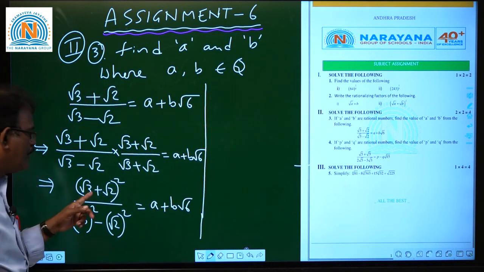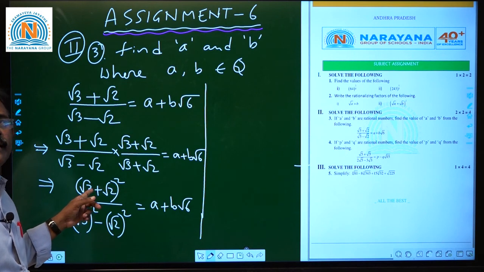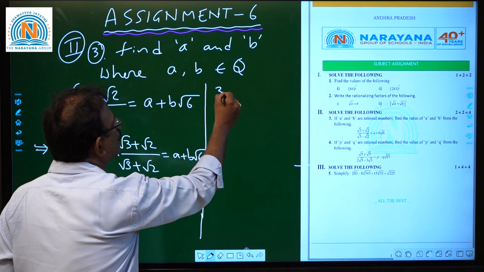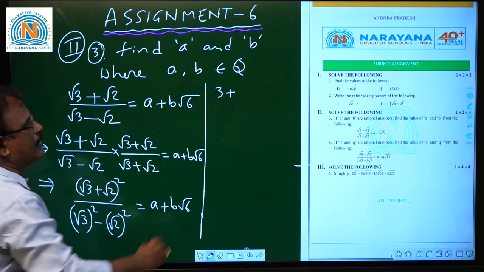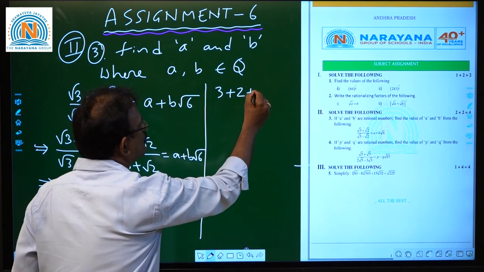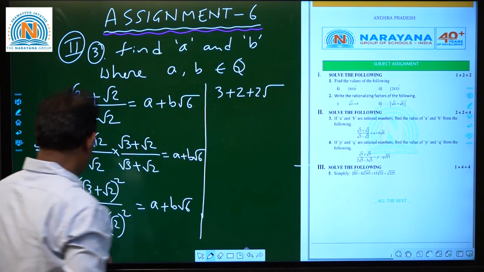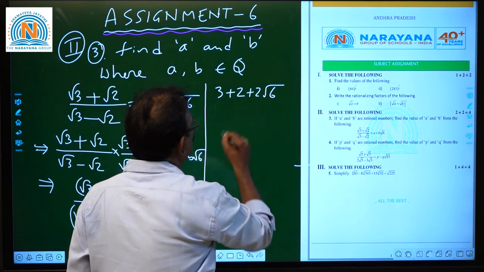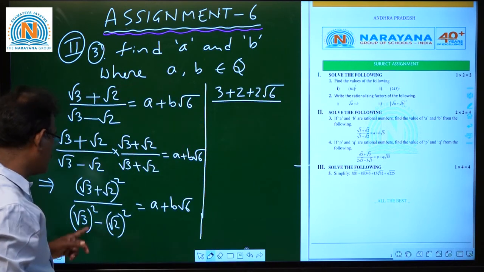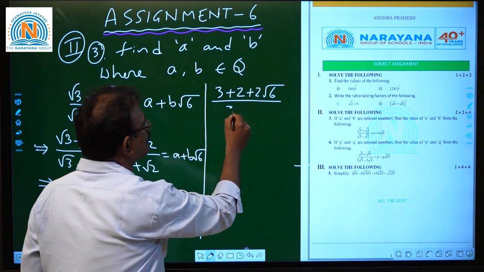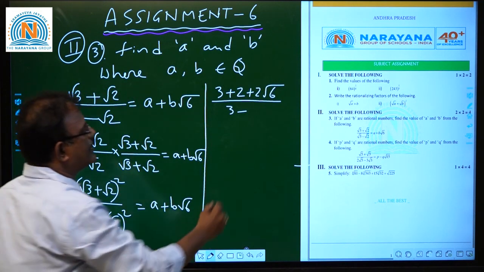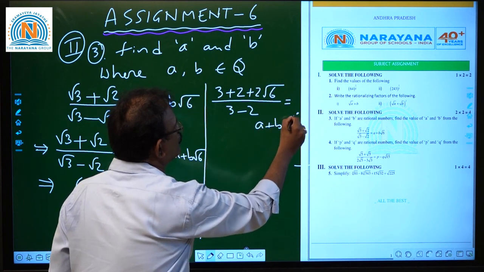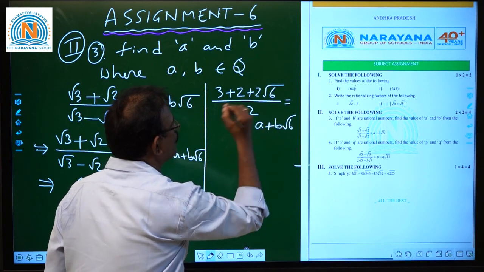Now after you apply (a plus b) whole square: a square, root 3 whole square, the square root getting cancelled, plus b square, the square root getting cancelled, plus 2ab, 2 into root 3 into root 2, root of 3 into 2, 6, minus 2, is equal to a plus b root 6.